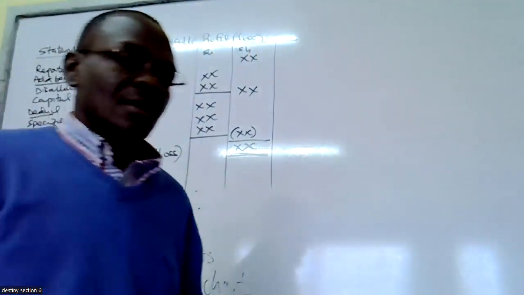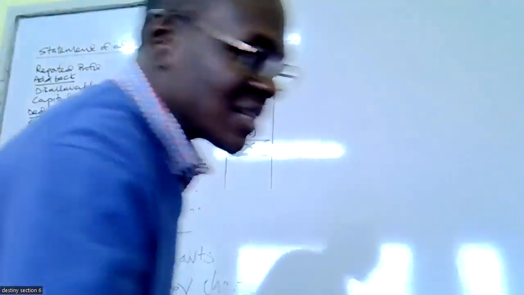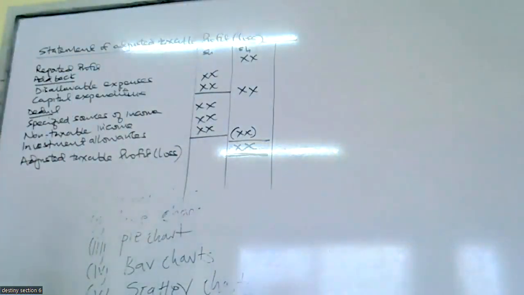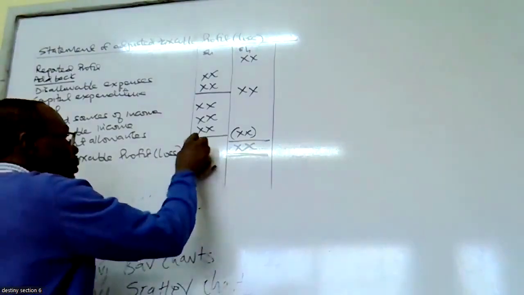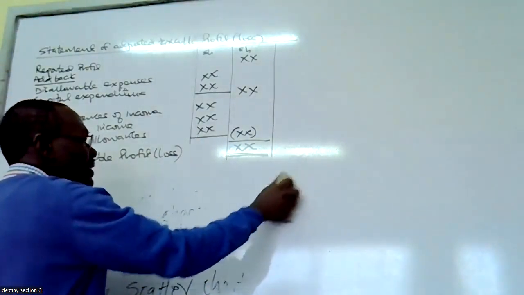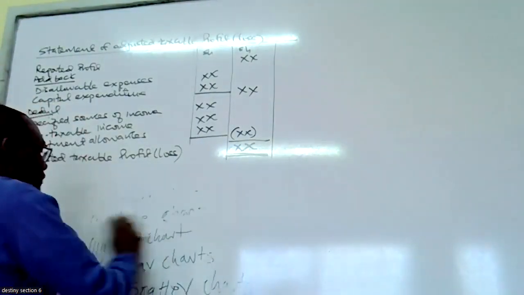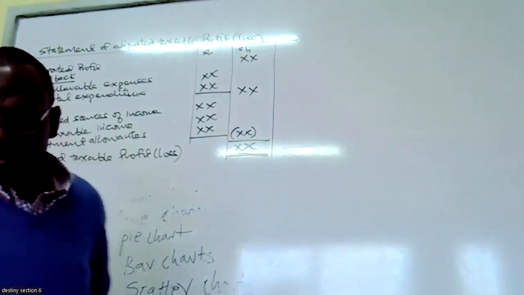And then we did look at our definition of partnership, and we said a partnership, according to the Partnership Act, Cap 29, is a relation that subsists between persons carrying on a business in common with a view to profit.